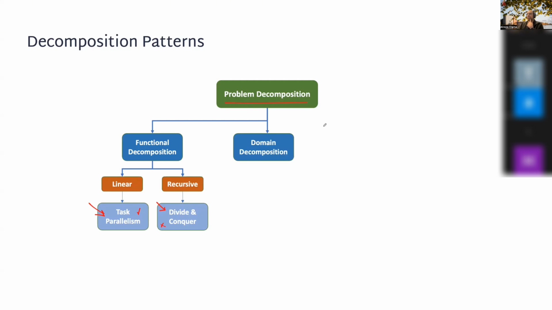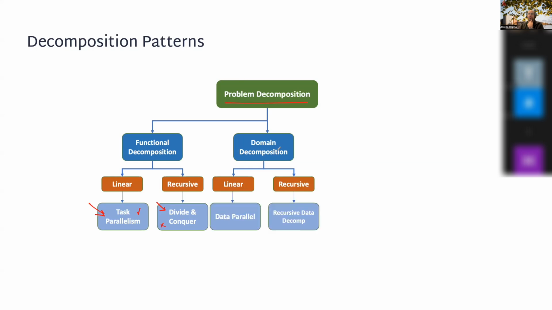In the next method, you have domain decomposition. It can also be linear or recursive. In the linear part, you have data parallel decomposition, and in the recursive part, you have recursive data decomposition. We still don't talk about the recursive data decomposition.